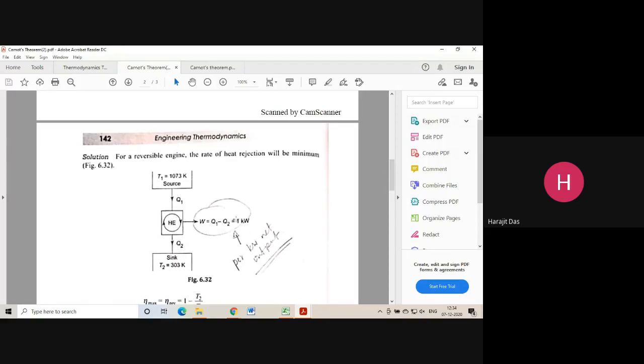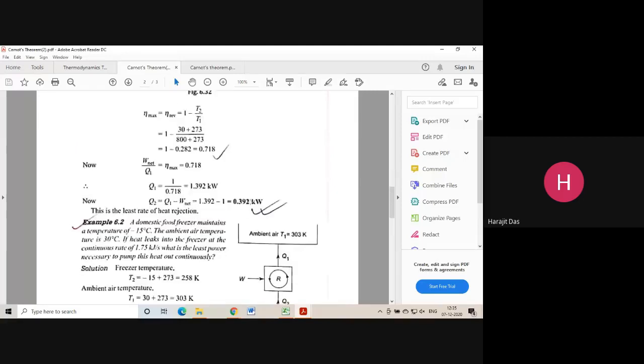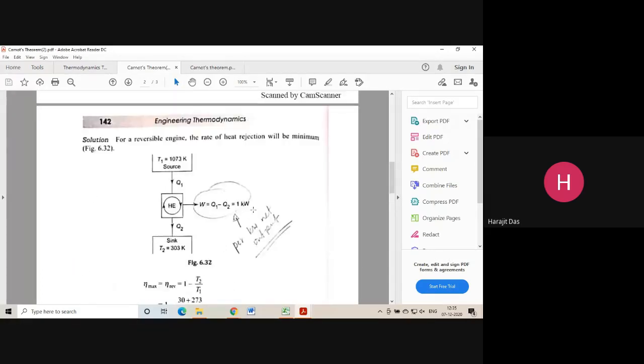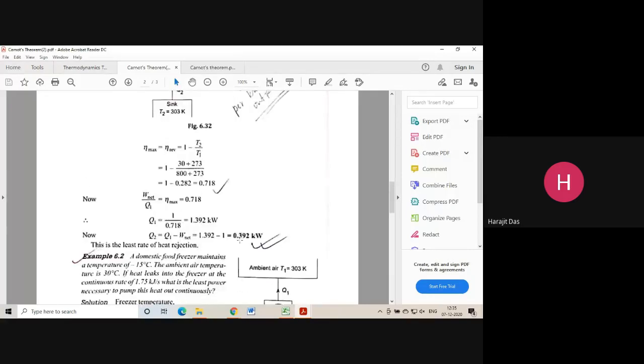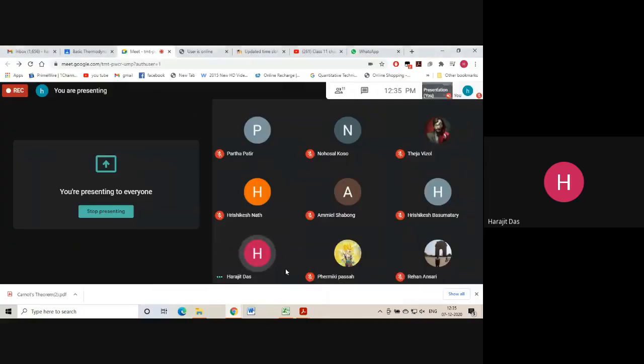If everything is on this scale, whatever you find will be compared on this w value. So q2 will be simply this much, the rate of heat rejection per kilowatt, meaning for 1 kilowatt work output this will be the heat rejection. For 2 kilowatt work output, this multiplied by 2 kilowatt will be the heat rejection. Understood?